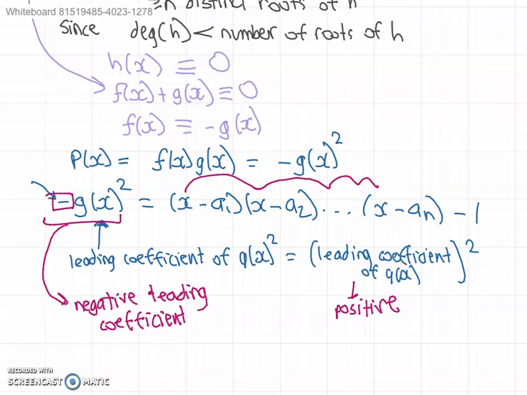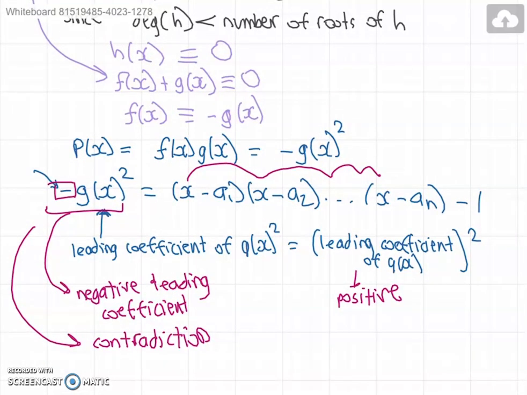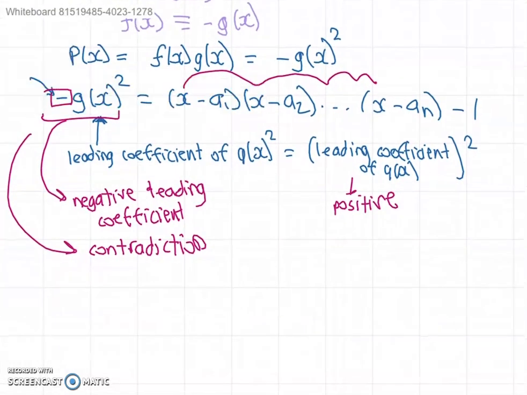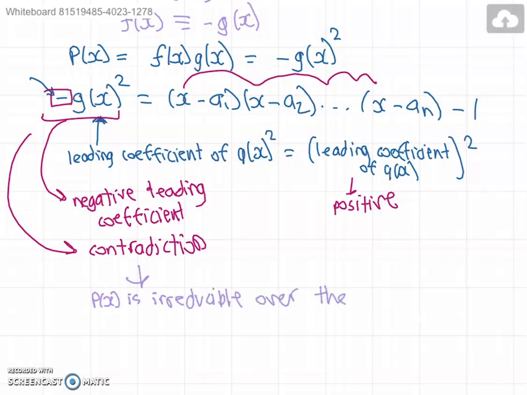And since 1 is positive, we have a contradiction. This gives us our final contradiction. And using this, it follows that we can't find such f and g, so it means that p of x is irreducible over the integers.